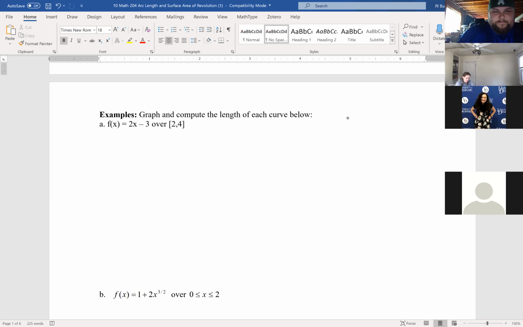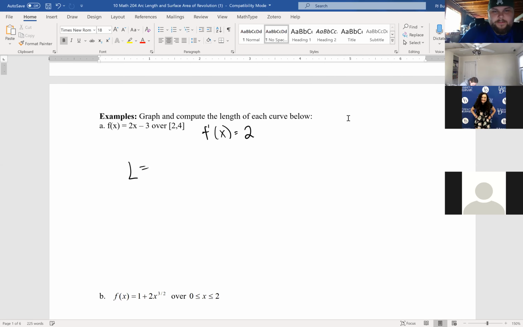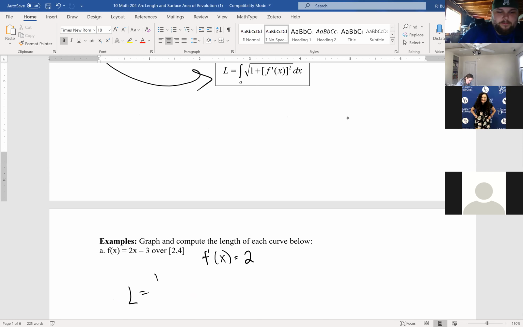So I have f, and I need f prime. That's real tough. That's 2. My arc length formula is the integral from 2 to 4, in this case, of the square root of 1 plus f prime, which is 2, squared, dx.